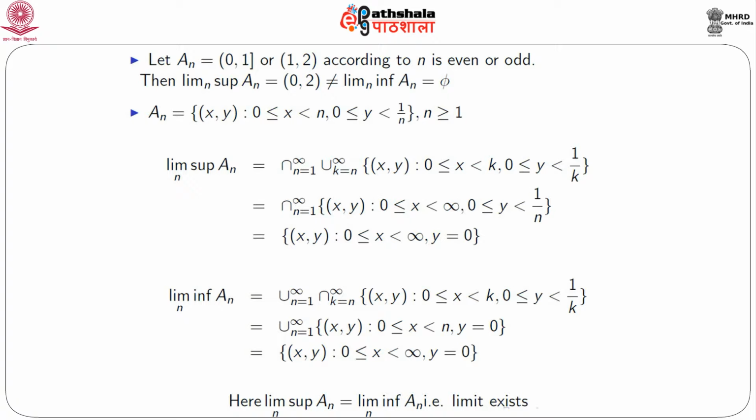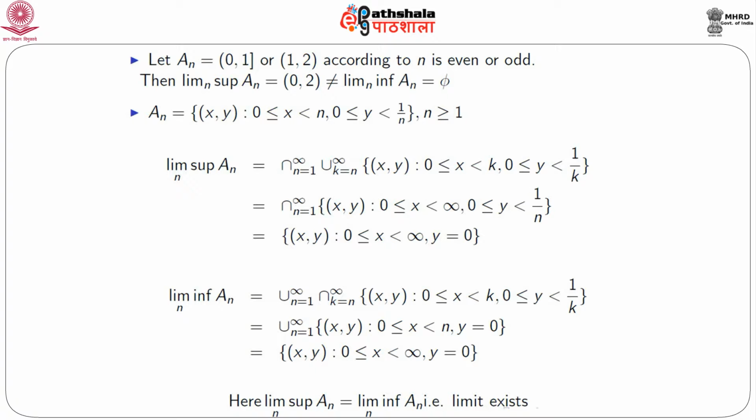So, lim sup of A_n is the collection of (x,y) such that x lies between 0 and infinity and y equals 0. Now, we consider the lim inf. Proceeding in the same way, we put the definition here, and first we have to take the intersection. That means we have to take the smallest sets.